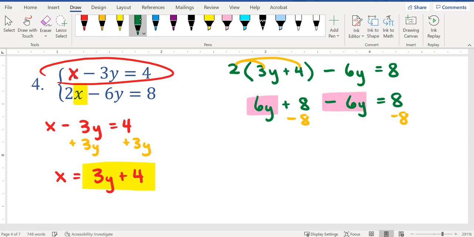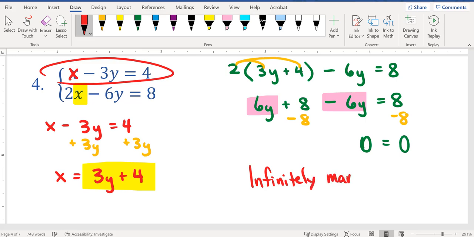What is 6y minus 6y? That's 0. What is 8 minus 8? That's 0. Okay, so my variable canceled out, but I'm left with a true statement. 0 equals 0. My answer is that there are infinitely many solutions because those two lines are the same line.